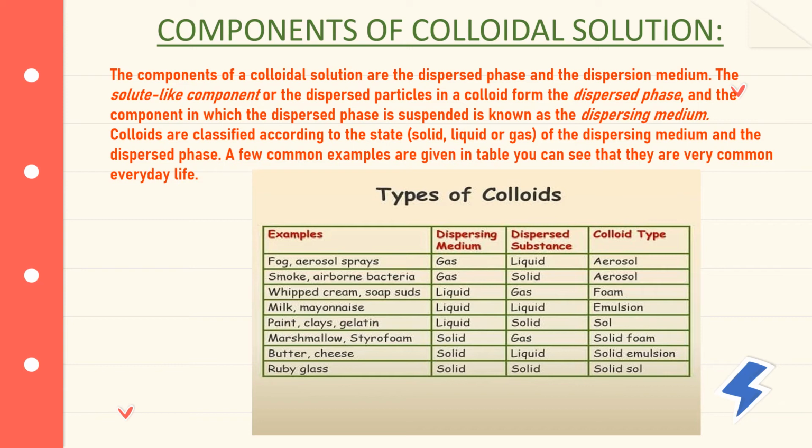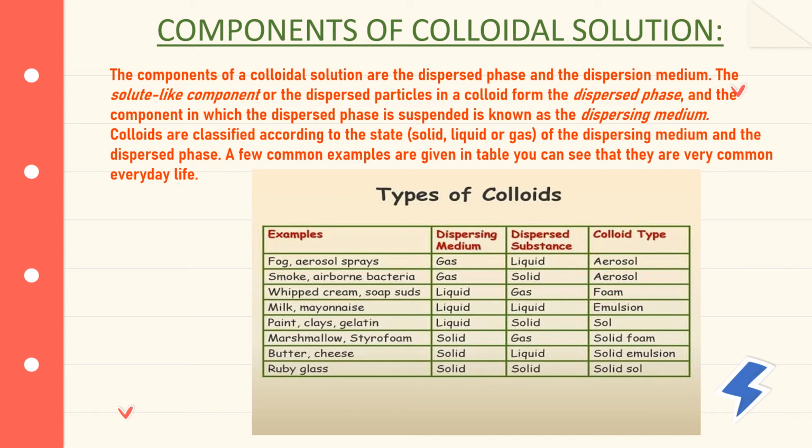The first one, dispersed phase liquid and dispersing medium gas, is a type of aerosol. Examples are fog, cloud, mist. Another type of aerosol has solid as the dispersed phase and gas as the dispersing medium. Examples are smoke and automobile exhaust.